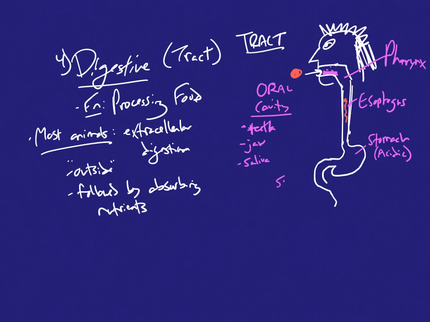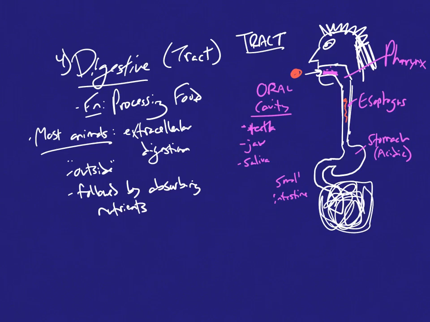All right, now your small intestine has 3 parts to it. And in humans, in all animals, we call this the small intestine because it's a skinnier tube, right? It has a smaller diameter. But in the human, it's actually really long, so I'm just going to draw this big tangle. Your small intestine is a pretty massively long tube. I think in humans, it's somewhere on the order of almost 20 feet.